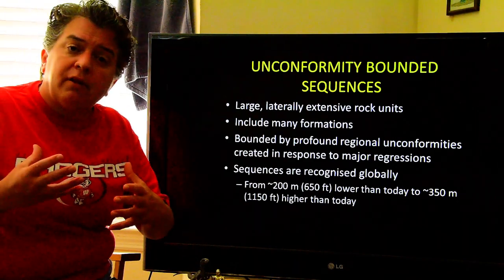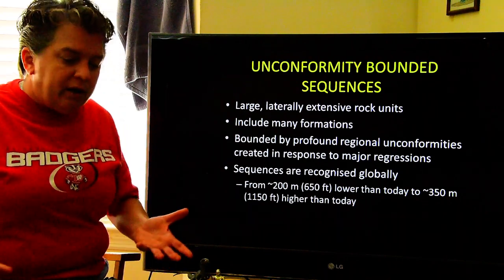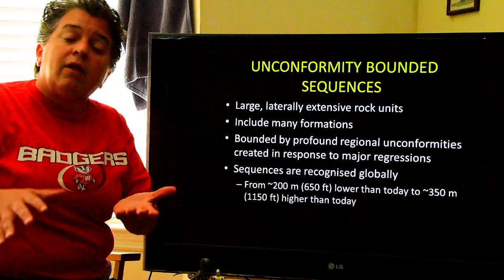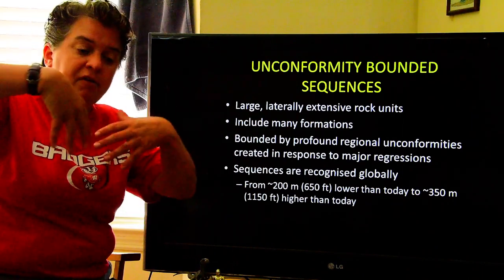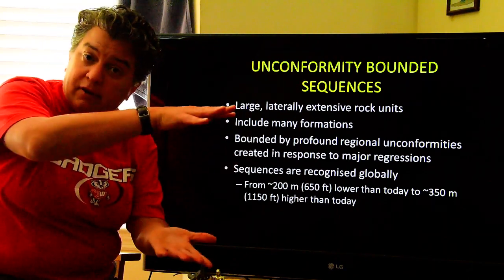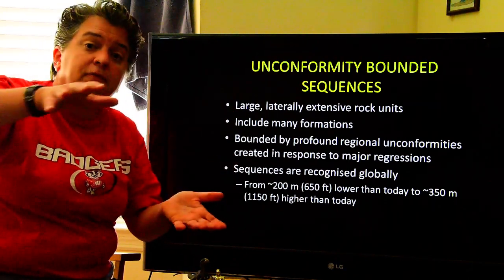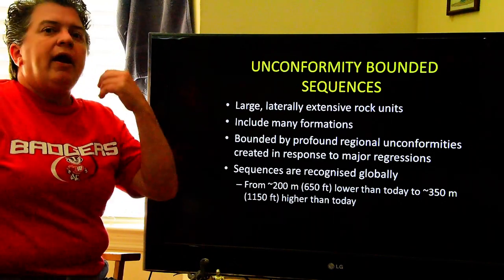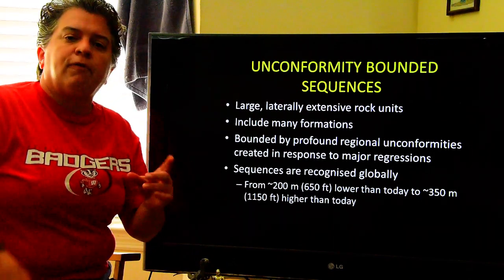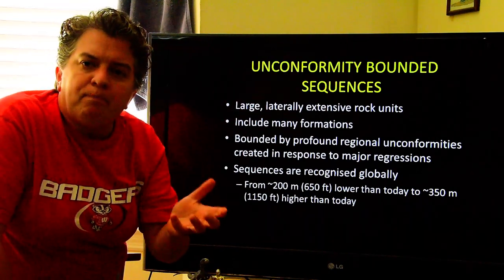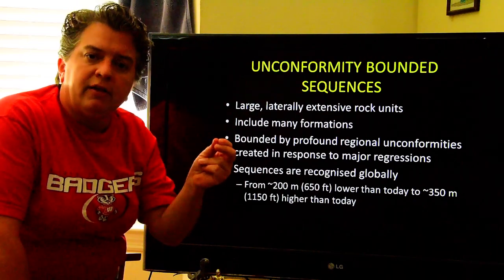So what basically happens is we get sea level rising to the point where it covers like half of North America. Well, as sea level rises, sediments are going to be deposited, so you're going to get a whole bunch of different rock formations being deposited. Now, why do we get them bounded by unconformities? Weathering and erosion happen above sea level.